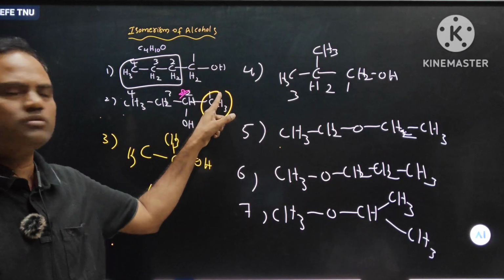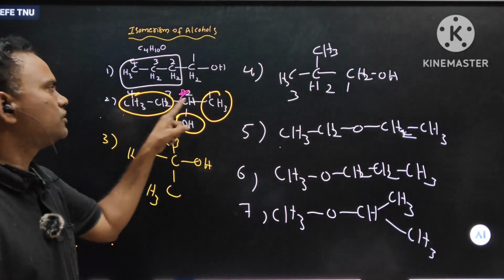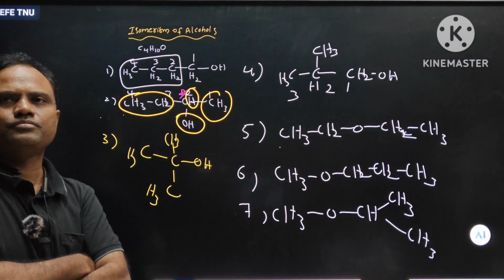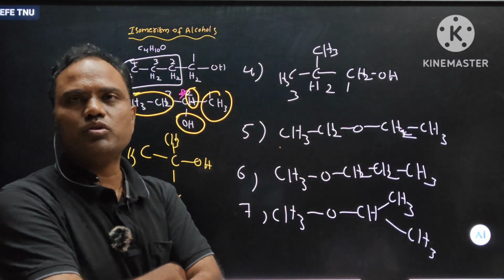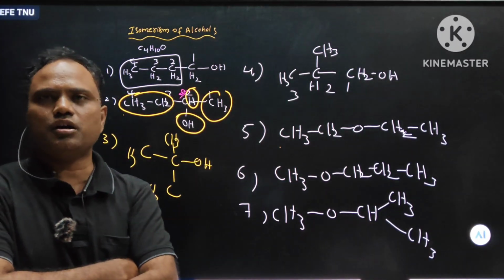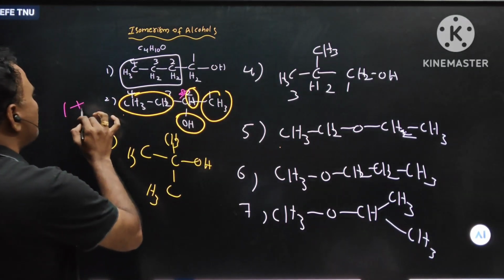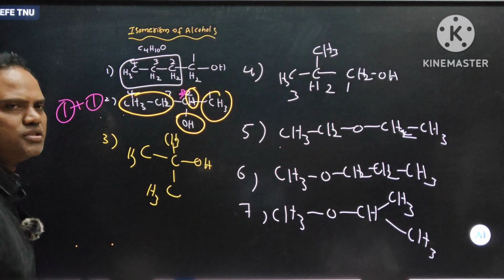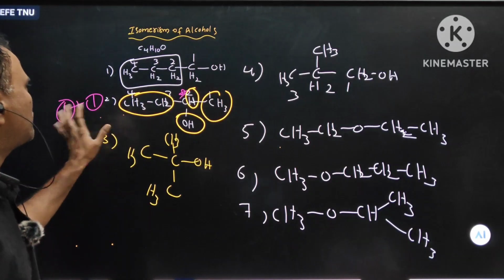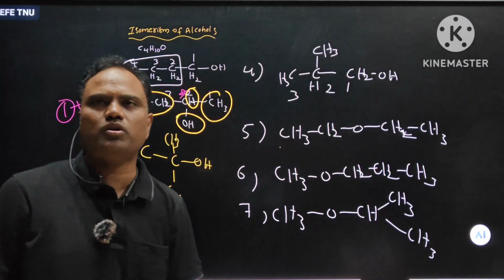Methyl is 1, OH is 1, this methyl is 1, and H. Total 4 different groups or atoms are present. Chiral carbon. When you get a chiral carbon, instead of taking 1, write 1 plus 1. If a chiral center is formed, take 2 compounds there, because mirror imaging is possible, right?